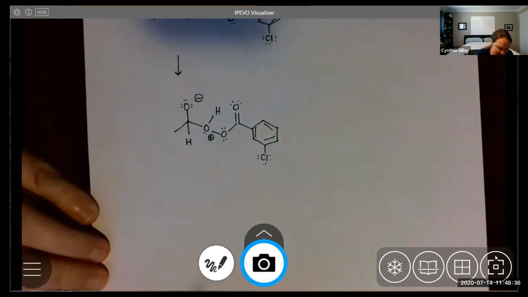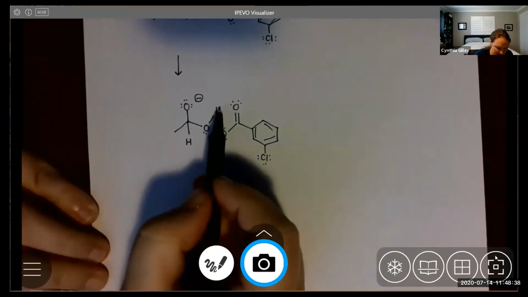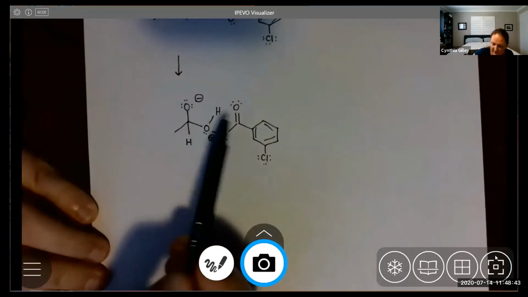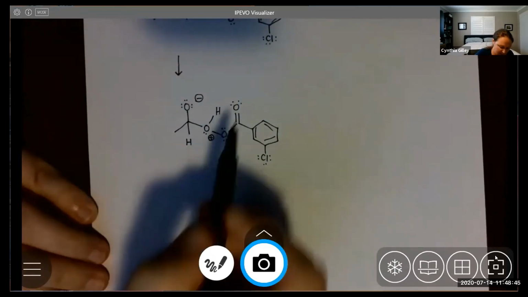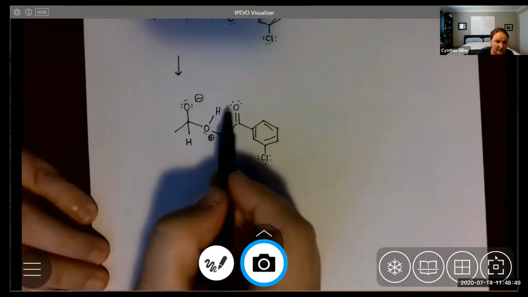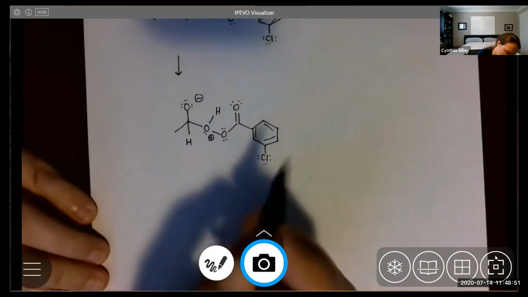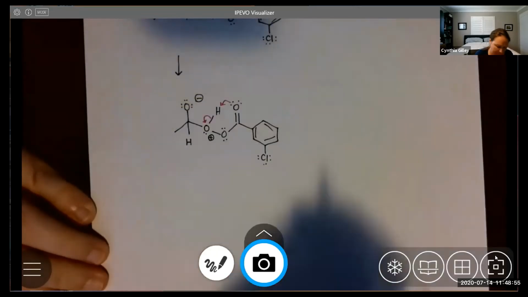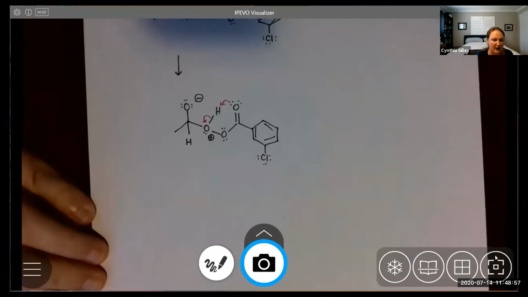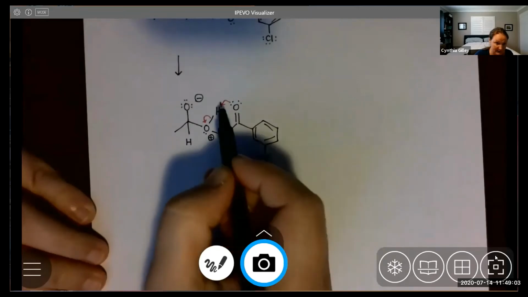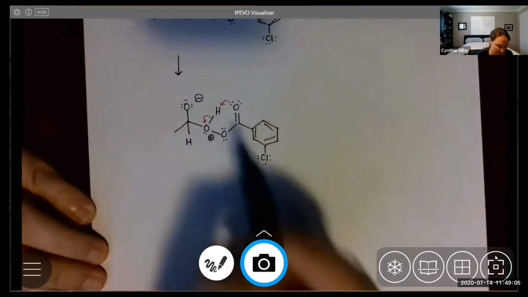So this hydrogen actually is in really close proximity to this lone pair because it's part of a 5-member ring. So it's basically hydrogen bonding already intramolecularly. So it's not a big jump to think maybe that the proton could just transfer, because it's already sort of hydrogen bonding to this in a stable 5-member ring.